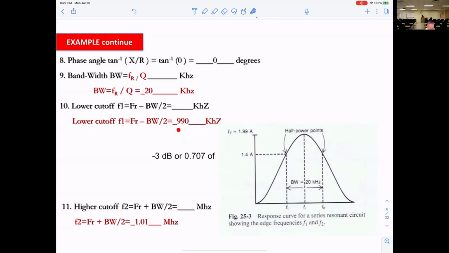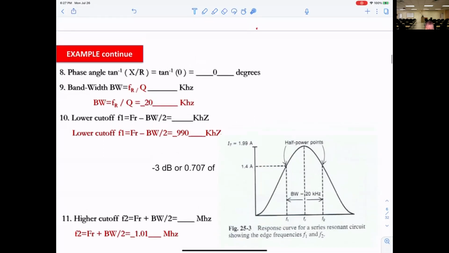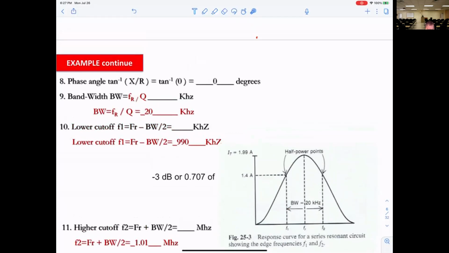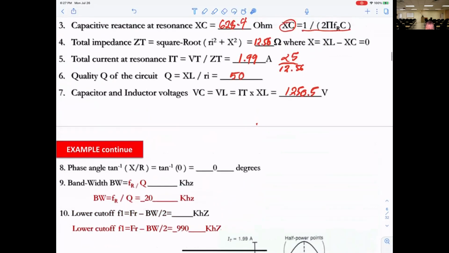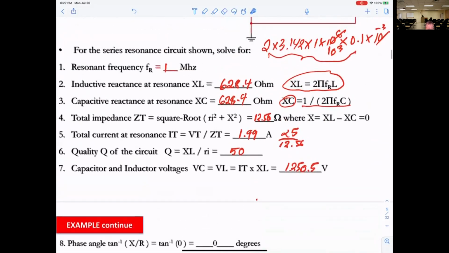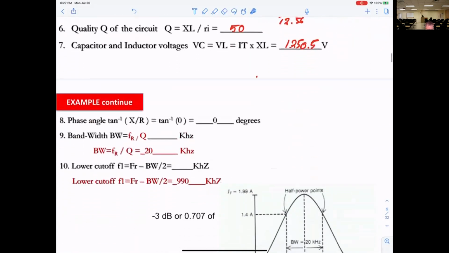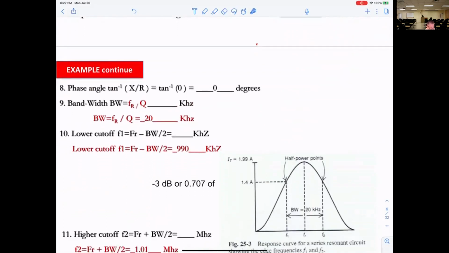Now, let's see how to get the answer, which will be 990. Resonant frequency 1 megahertz. So basically, they can set up 1 megahertz minus bandwidth divided by 2. The bandwidth will be 20 kilohertz.